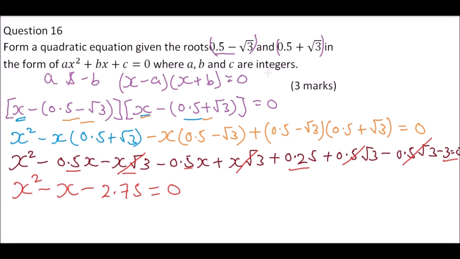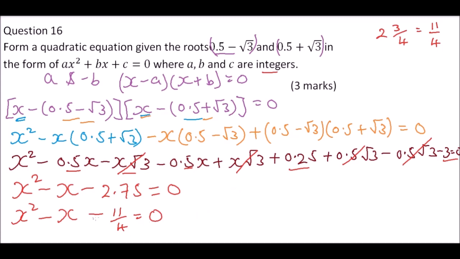Since we are told that a, b and c are integers, 2.75 is 2 and 3 over 4, which we can write as 2 times 4 is 8 plus 3 is 11 over 4. So we write our x squared minus x minus 11 over 4 is equal to 0.